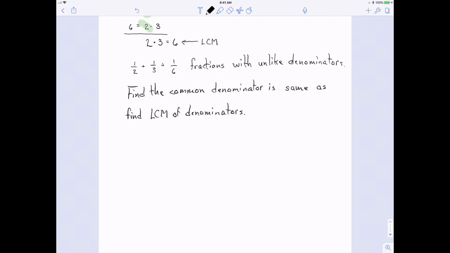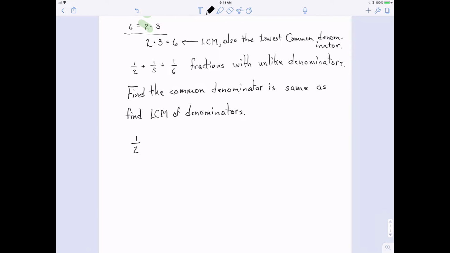Well, now it's also the lowest common denominator. So that means that we need to make each fraction have a 6 in the denominator. We did that earlier, but let's review for this problem.